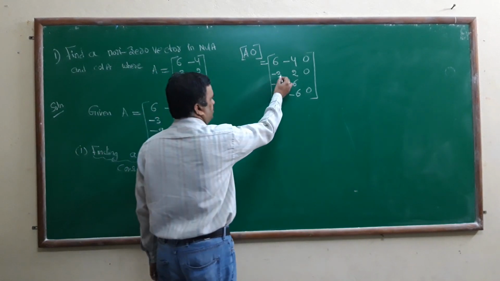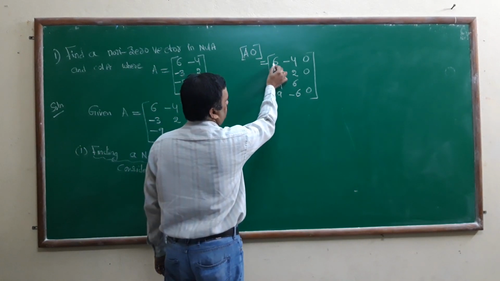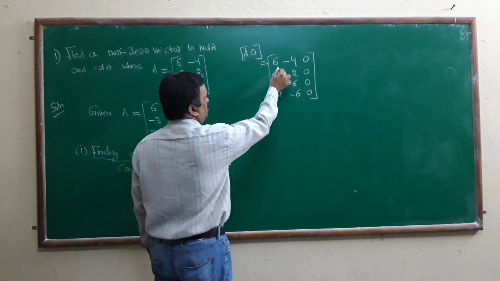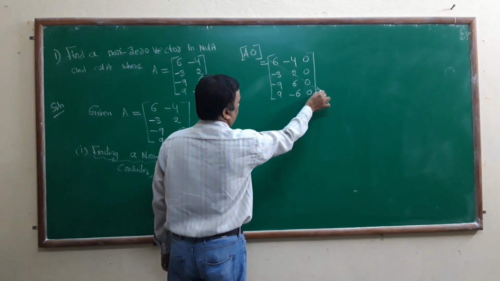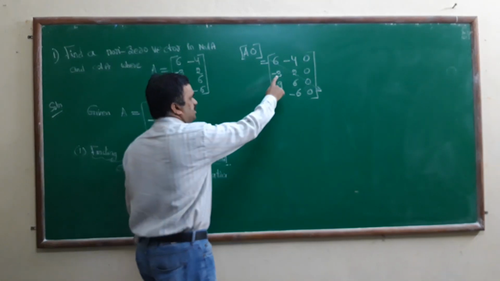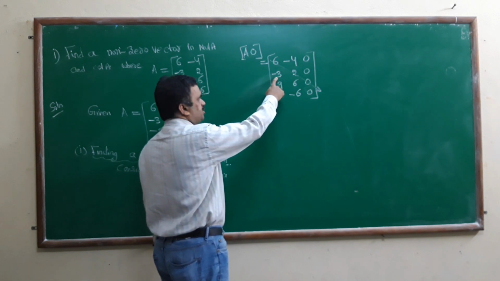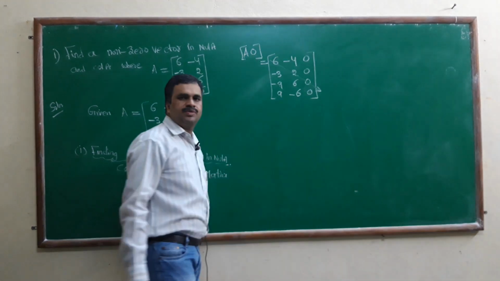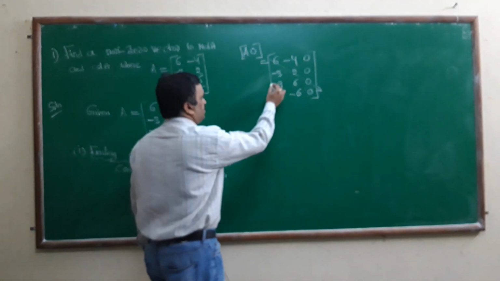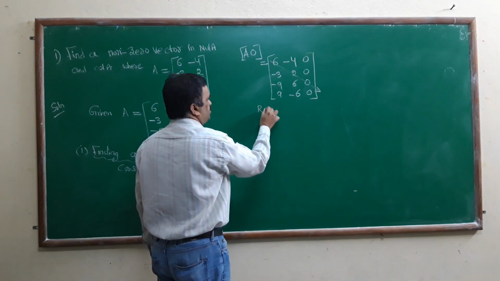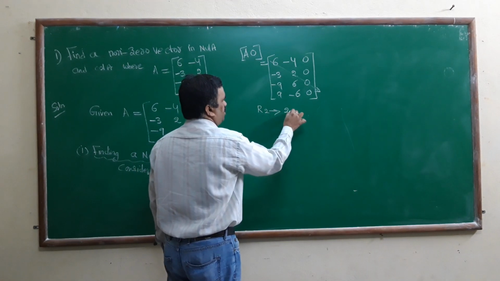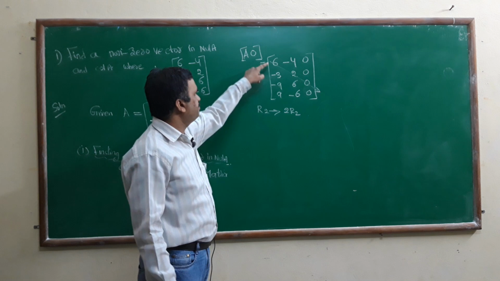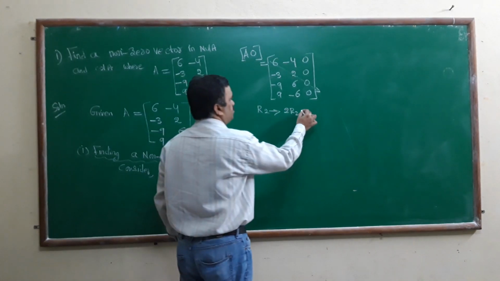I am making these elements zero with suitable row operations: the first column below the first row, the -3, the -9, and the 9. First, here I have to make it zero: R2 becomes 2R2 plus R1, since -3 times 2 is -6, plus 6 is 0.